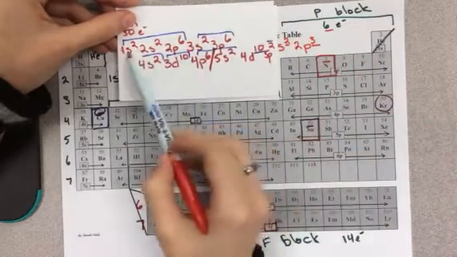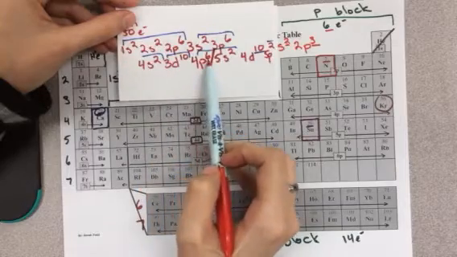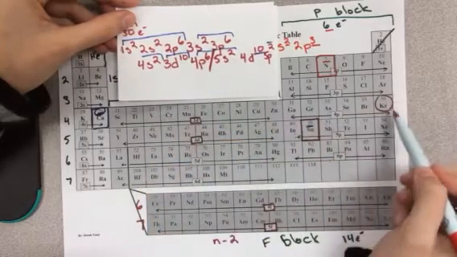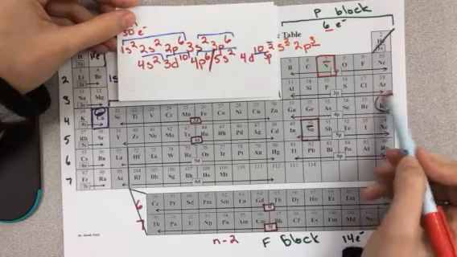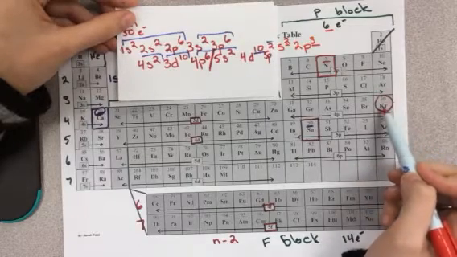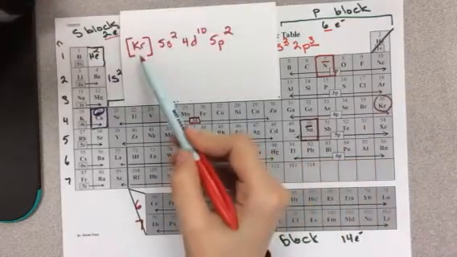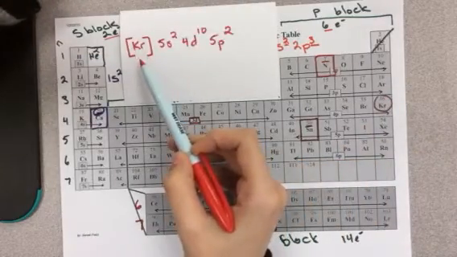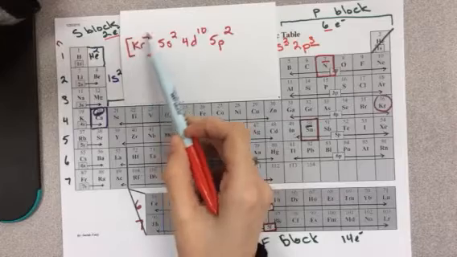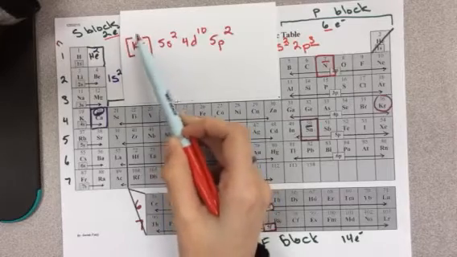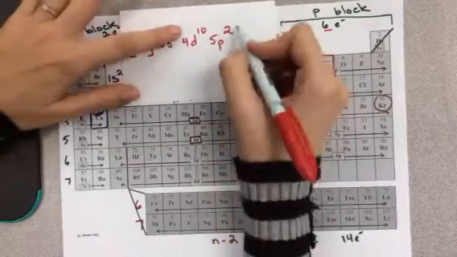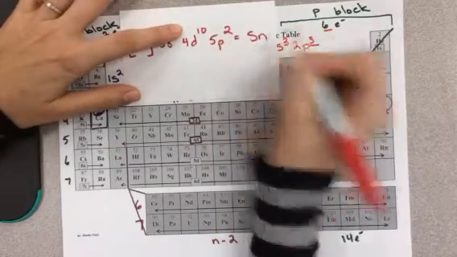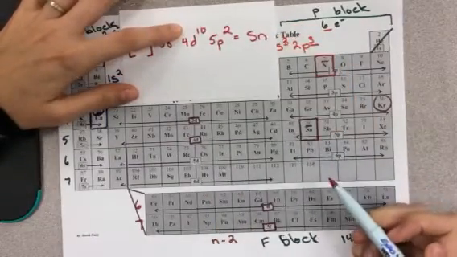This configuration, the 1s2 all the way to 4p6, is the electron configuration for krypton. So what we're saying with this noble gas configuration is that the electron configuration for krypton plus these is going to be the electron configuration for tin.